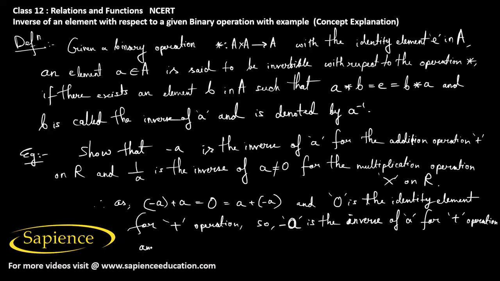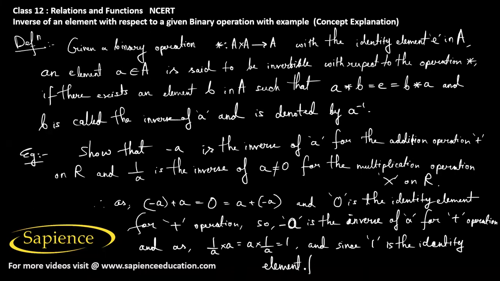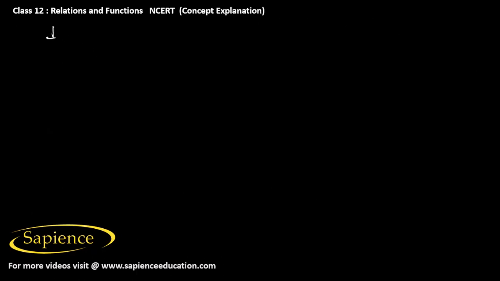And similarly, as 1 by A into A is equal to A into 1 by A, which is equal to 1, and since 1 is the identity element for the multiplication operation, 1 by A is the inverse of A for the multiplication operation.